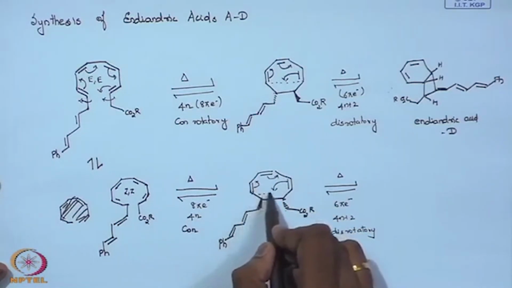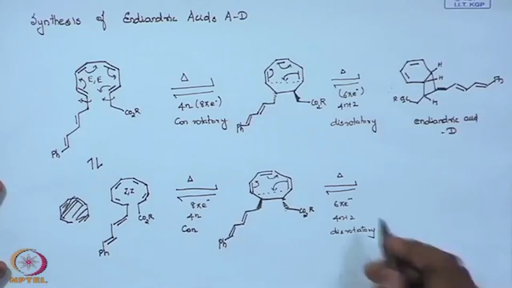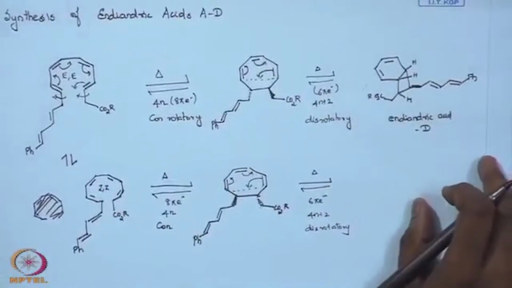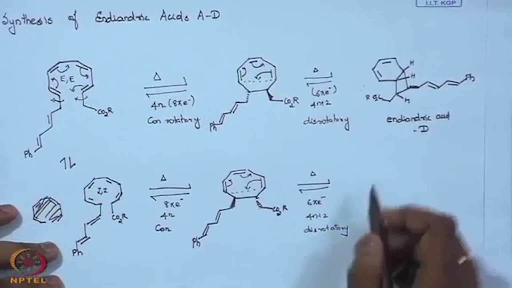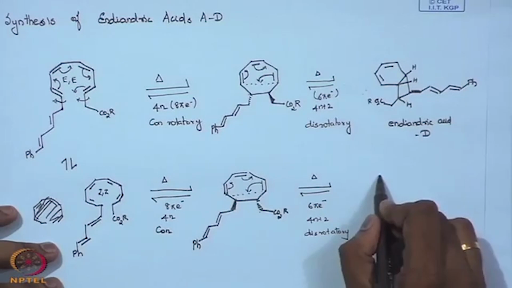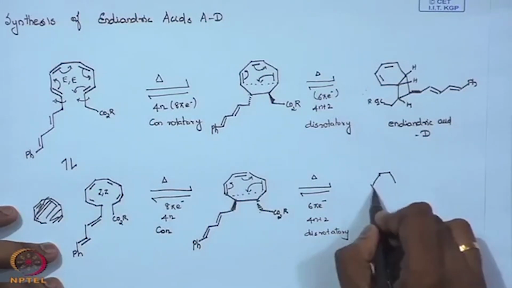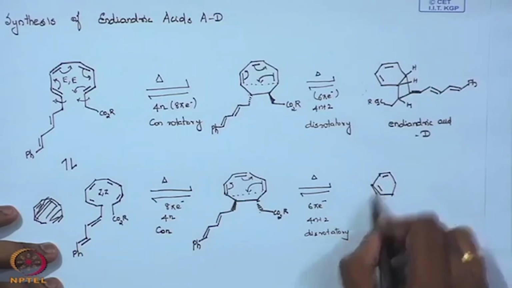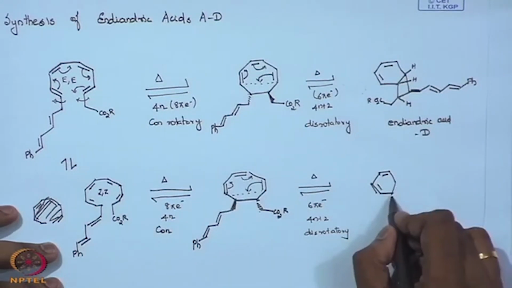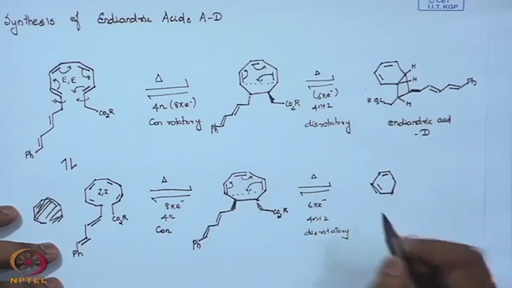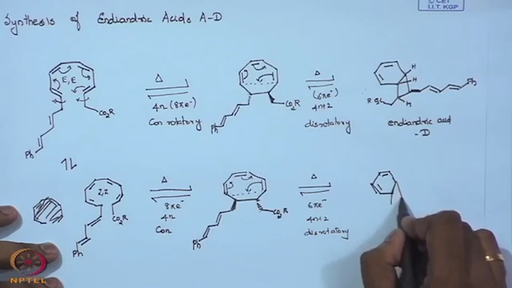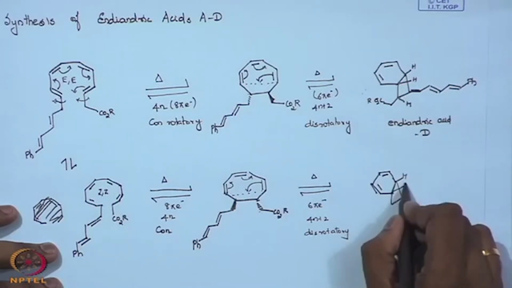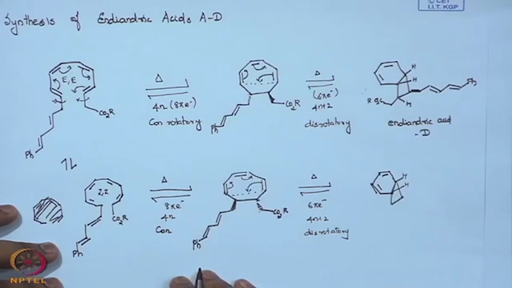If you want, you can. You see now the product, how it looks like. So you have a nitrogen here, you have a nitrogen here. That part is clear, that's not a big deal.